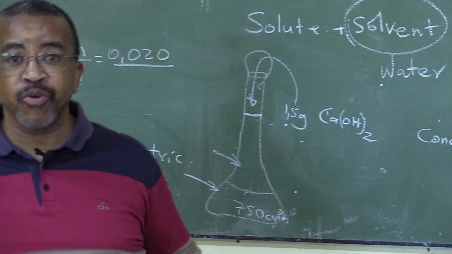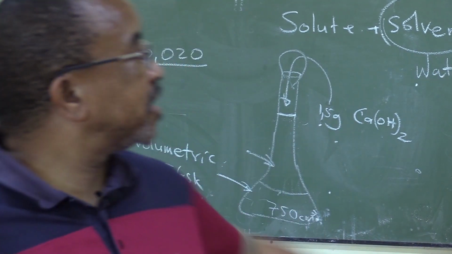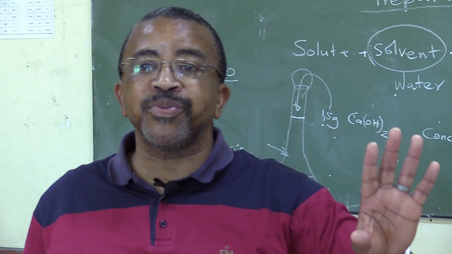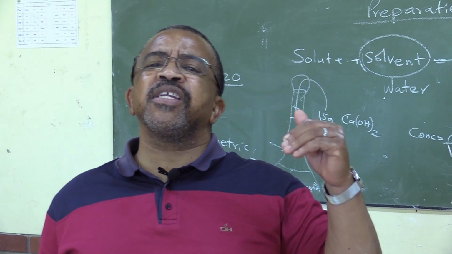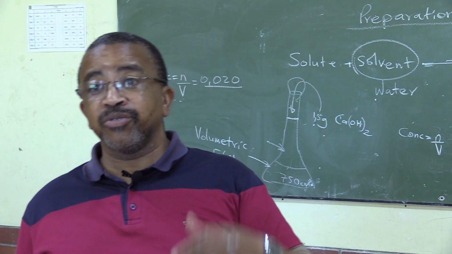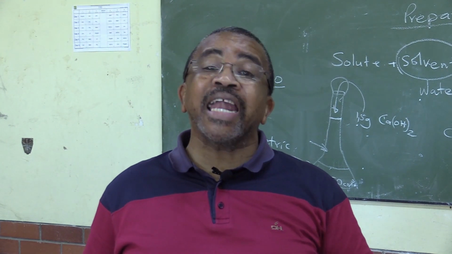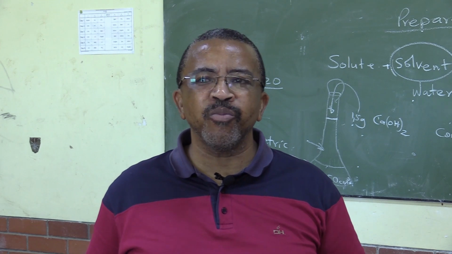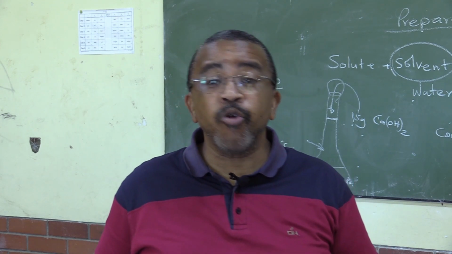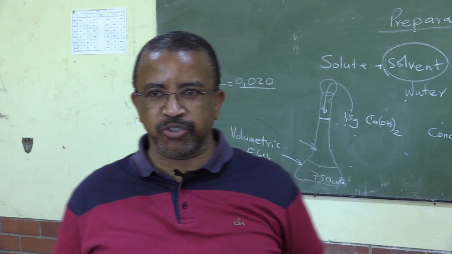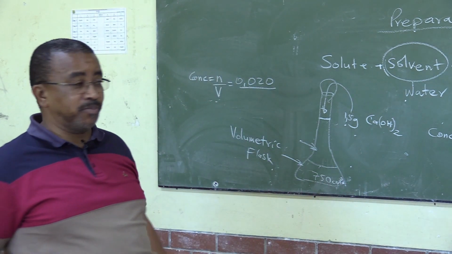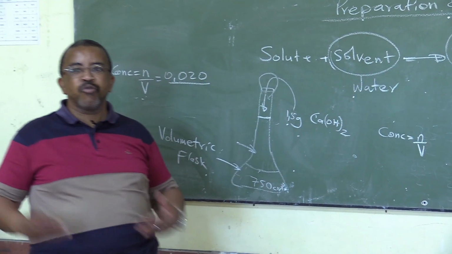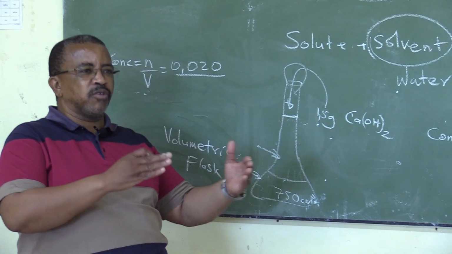When doing calculations for the preparation of a solution, the volume must always be in decimeter cubed. If you are given centimeter cubed, convert that to decimeter cubed, unless the question says to calculate the volume in cubic centimeter.